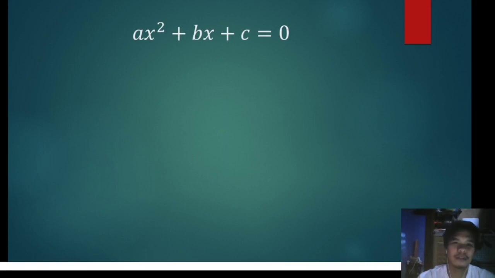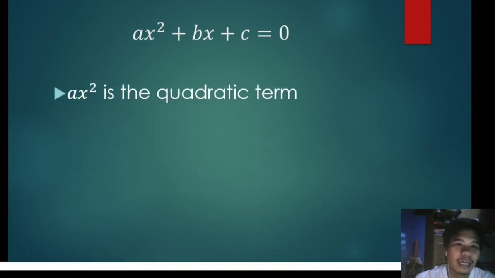Going back, the standard form of the quadratic equation is given by ax squared plus bx plus c equal to 0. This equation has three terms. Ax squared is called the quadratic term, that has a numerical coefficient equal to a, and the variable which is x squared.